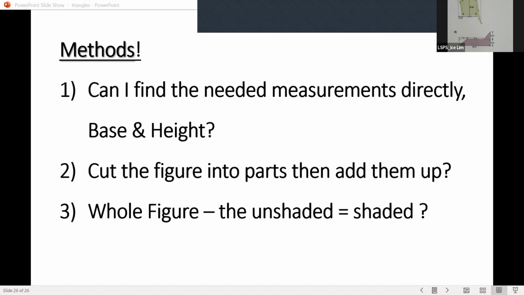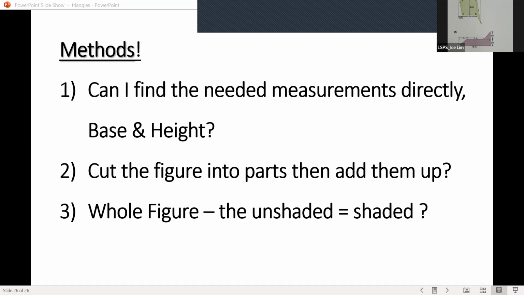Method number 1. Can I find the needed measurements directly, like base and height? If I can find the measurements directly, then the steps will be quite fast. Number 2, if method number 1 fails, I cannot find the base and height so easily, I must maybe do some cutting up.